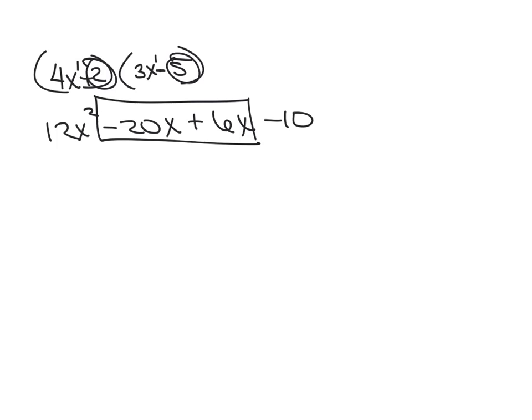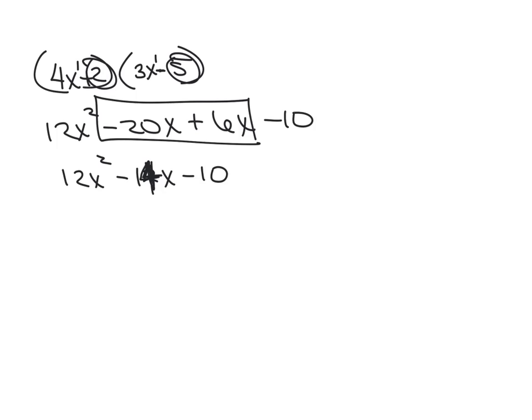This right there is what we're going to combine. And when we get there, we're done, except this is 14, isn't it? Negative 20 plus 6 is 14.